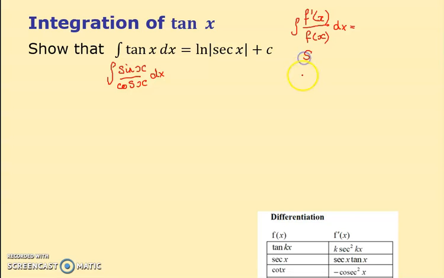I've got sine on top, cos on the bottom. So if you differentiate cos, you get minus sine, because this is differentiation. This is a weird thing about this question. It's an integration question, but in order to do it, I'm having to talk about differentiation, because you'll notice it says f dash on the top.